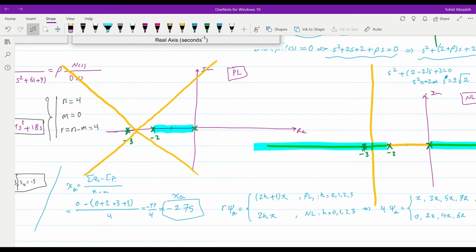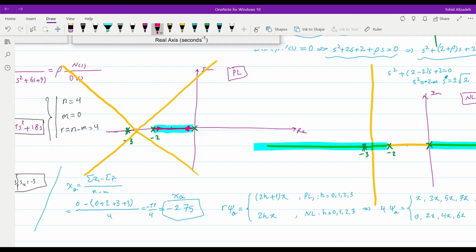We know that the branches will originate from the poles of the open loop system. Therefore, one branch will move in this way, starting from the pole at the origin. One branch will move in this way, starting from the pole at -2.